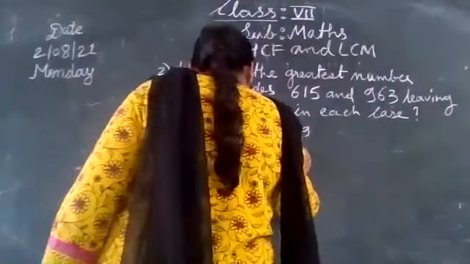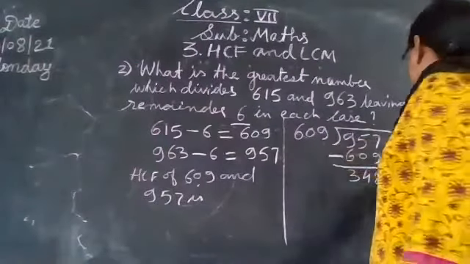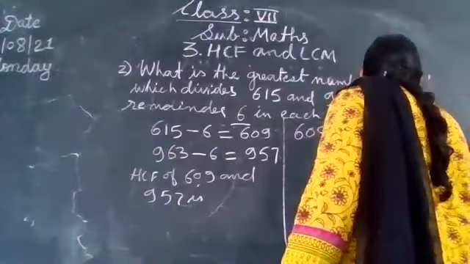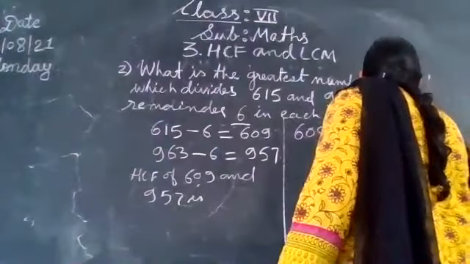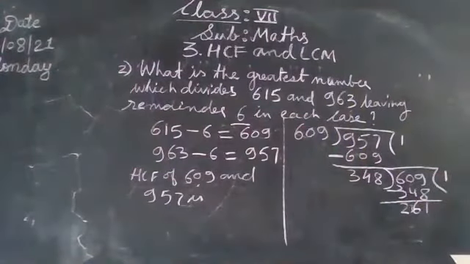Now this remainder becomes divisor, and this divisor becomes dividend. 609. 348 1s are 348. What is remainder now? 9 minus 8, 1, 6 minus 4, 2.